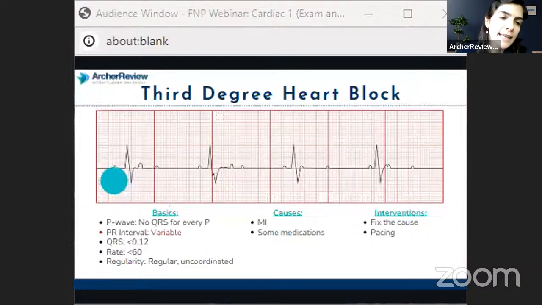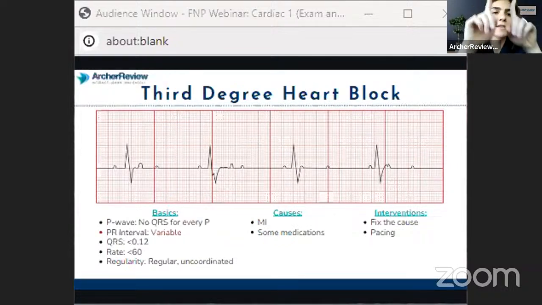So you're looking, there's a P and a QRS, there's a P, where's the QRS? P, QRS, P, where's the QRS? And then if you march it out, the PR interval is variable because there's just not a P for every QRS. That QRS complex is narrow, so that's fine. But what's happening is if you take a little measurement of it, the P waves are marching regularly.